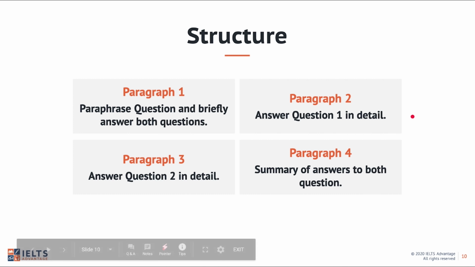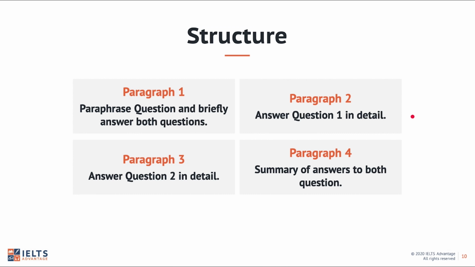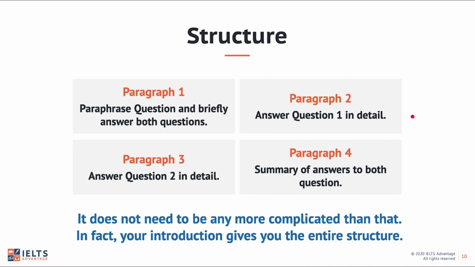This makes it very easy for you to write your essay, but most importantly, it makes it very easy for the reader, for the examiner, to really understand what you think about both questions. Everything that we're doing is just making it really easy for the examiner to give you a band 7 or above. And it does not need to be any more complicated than that. In fact, your introduction gives you the entire structure for your entire essay.